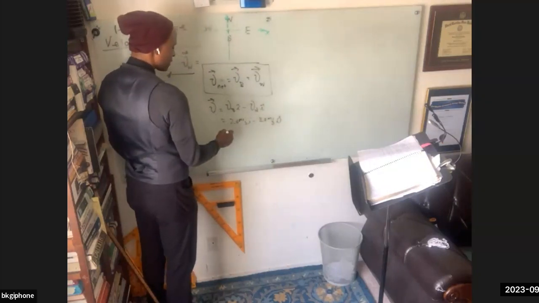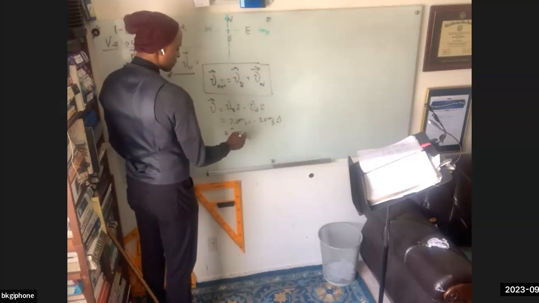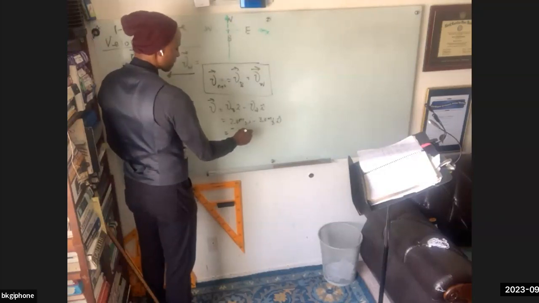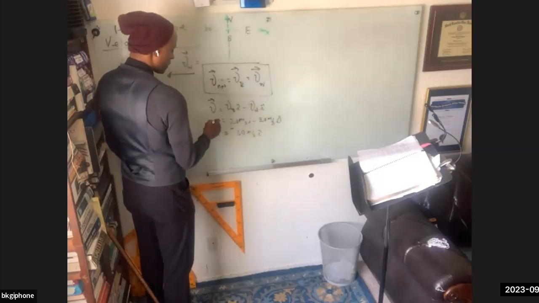So the net velocity is negative 1.0 meters per second i. And that would be in the negative i direction, or due west.